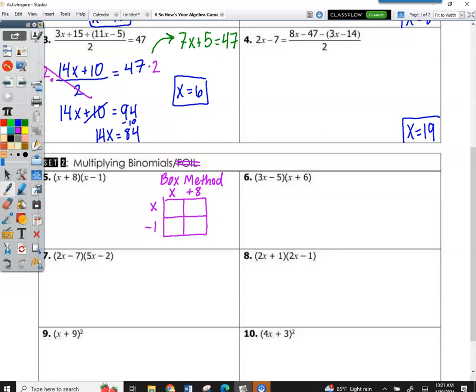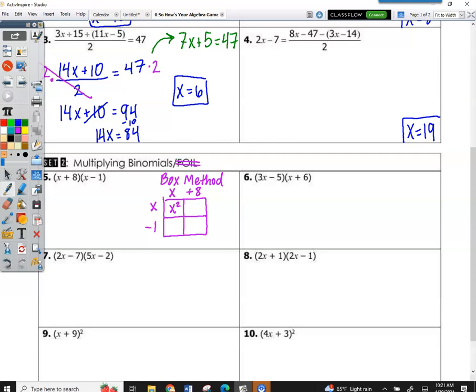You're going to do row 1 times column 1. What is x times x? X squared. X plus x is 2x, but x times x would be x squared.